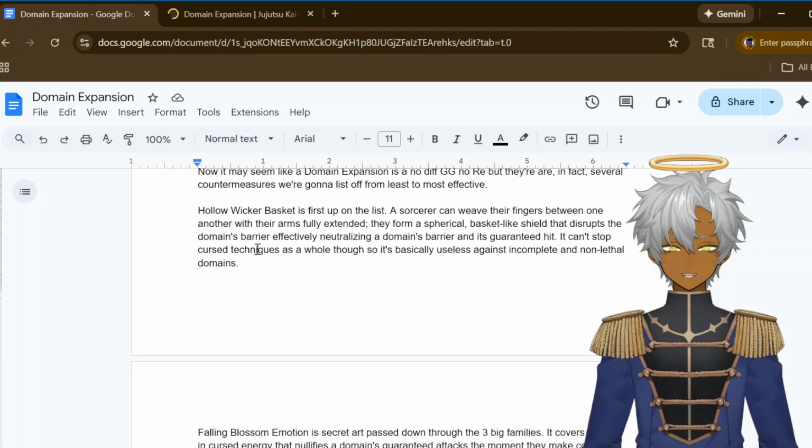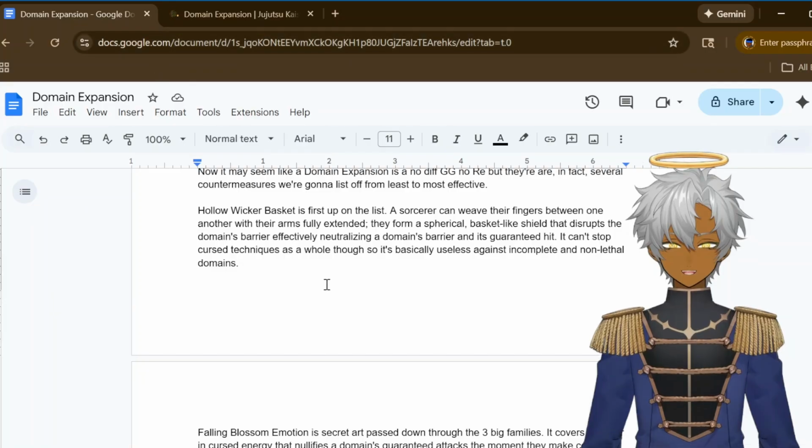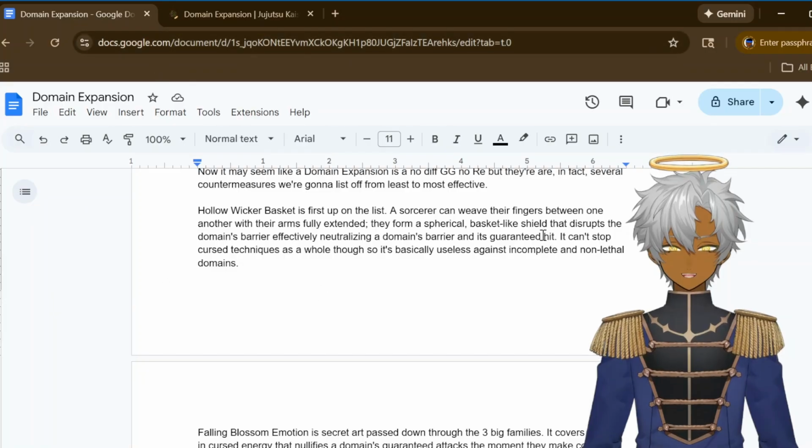So when another person opens their own personal barrier, one like Hollow Wicker Basket, it's essentially opening a barrier that says these attacks can't hit me, and then that disrupts what the other barrier said, because now there are two barriers contradicting each other. This Hollow Wicker Basket is a weaker barrier than a domain barrier, obviously. However, it is consistent as long as that person is holding that pose. So consistency is a little bit better than just an OP barrier.